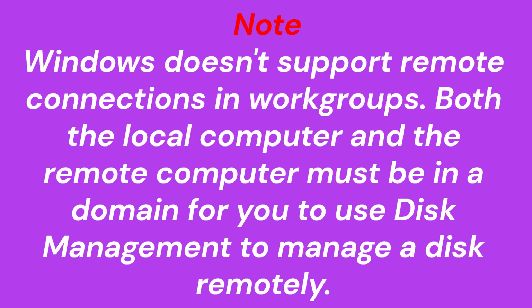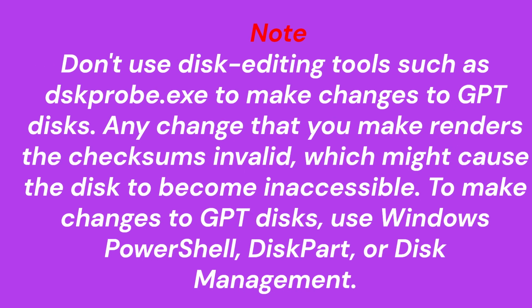Both the local computer and the remote computer must be in a domain for you to use Disk Management to manage a disk remotely. Note: don't use disk editing tools such as dskprobe.exe to make changes to GPT disks. Any change that you make renders the checksums invalid, which might cause the disk to become inaccessible. To make changes to GPT disks, use Windows PowerShell, DiskPart, or Disk Management.